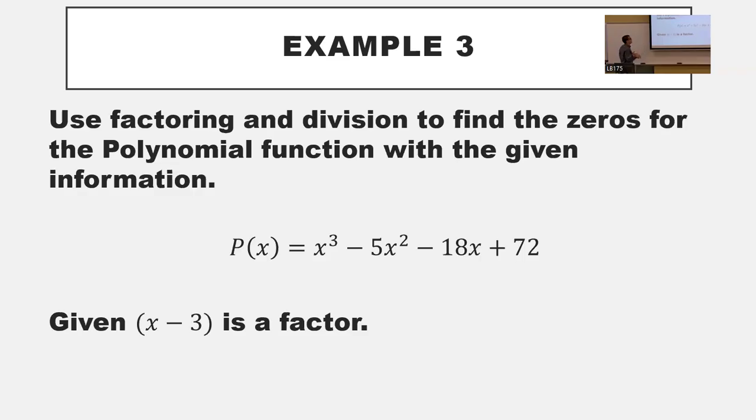So this brings us to actually doing the problems, to actually finding the zeros of a polynomial function like p of x equals x to the third minus 5x squared minus 18x plus 72.